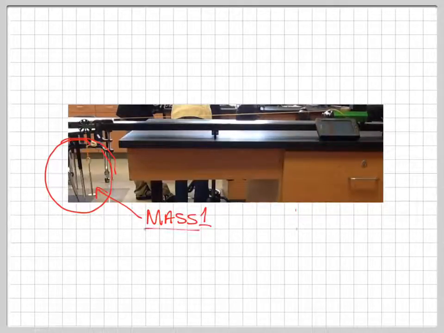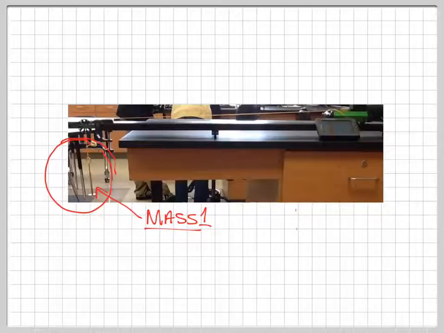So, this is a picture of the lab setup. This guy is a mass hanger. So for the mass hanger, we're going to call that mass 1. We refer to mass 1 a couple of times in the lab. And looking at what's happening here, we'll just call that mass 1.